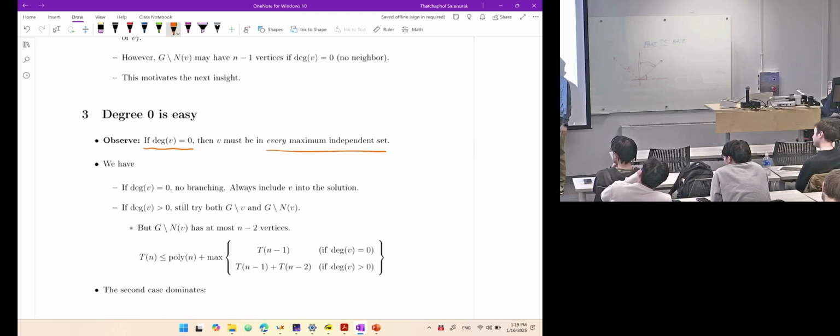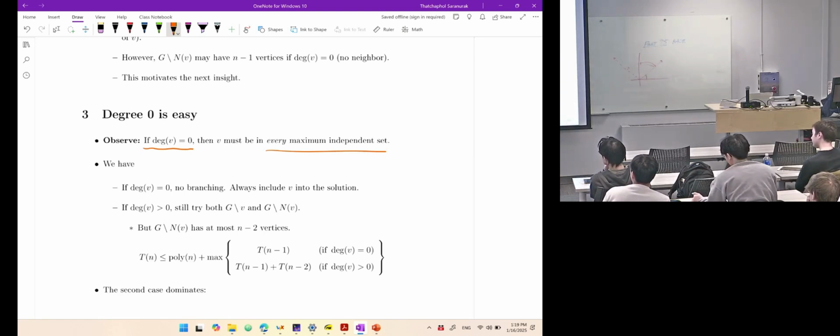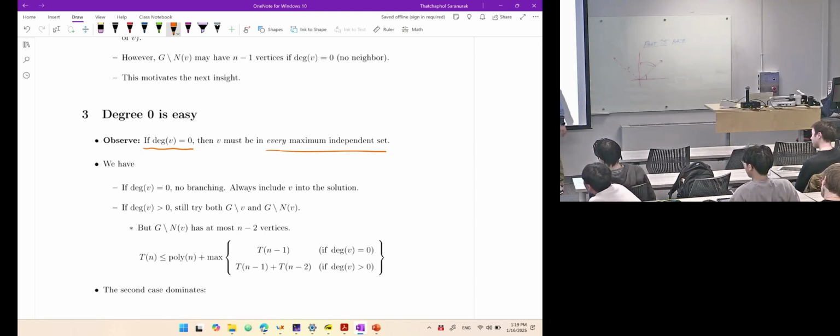But in this case, we get something nice. The recursion is actually now better. Why? Okay. So the recursion now looks like this. If degree of v is 0, no branching, just include it and recurse on the smaller graph. Otherwise, you look at the 2 cases. This is the case when you exclude v, but in this case when you remove v together with its neighbors, there are less than n minus 1 nodes now.